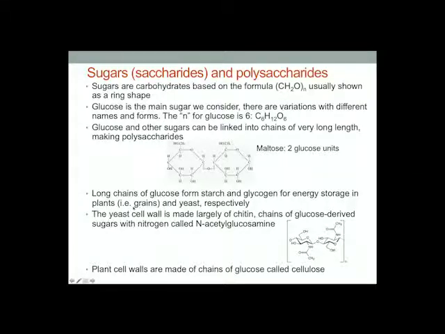Another way that polysaccharides are important is that the yeast cell wall is largely made out of a polysaccharide called chitin. Chitin is long chains of sugars that are derived from glucose, but they also have nitrogen extensions. The name of this sugar is N-acetylglucosamine.